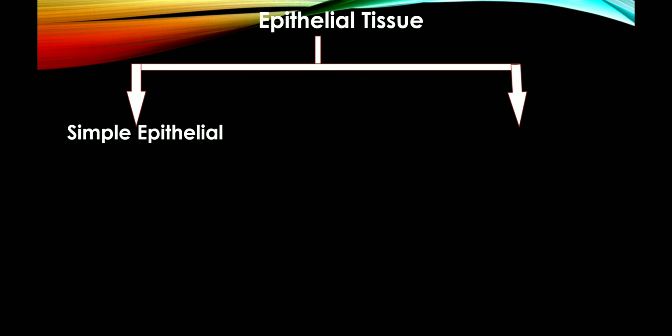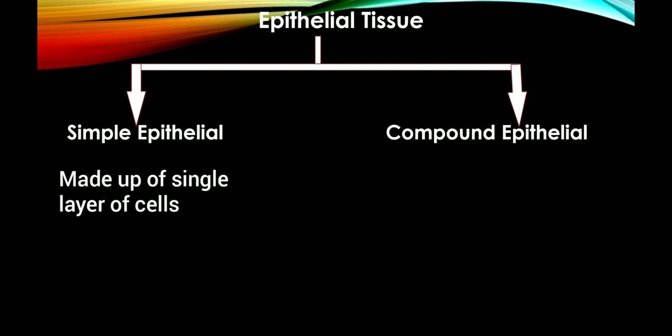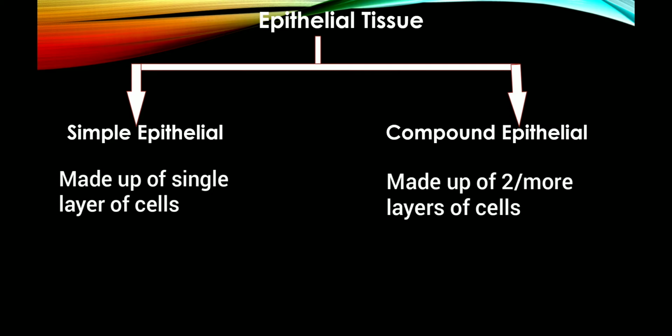They are simple epithelial tissue and compound epithelial tissue. If I say simple epithelial tissue, that means they are made up of a single layer of cells. If I say compound tissue, that means they are made up of two or more layers of cells. And among these, the lowermost layer rests on the basement membrane.